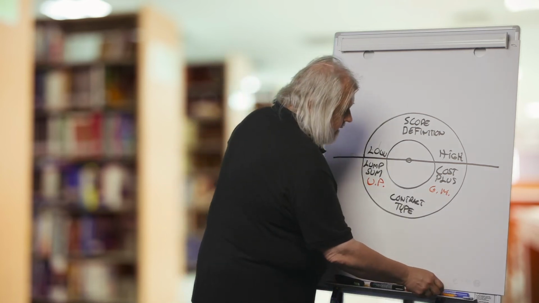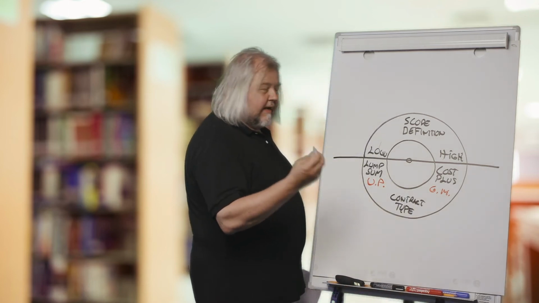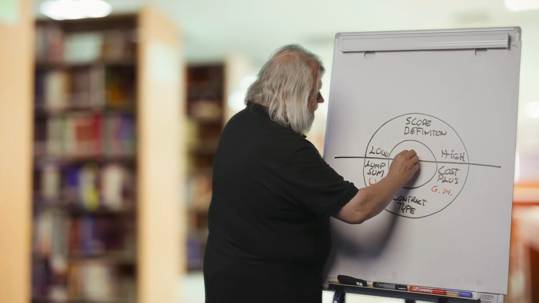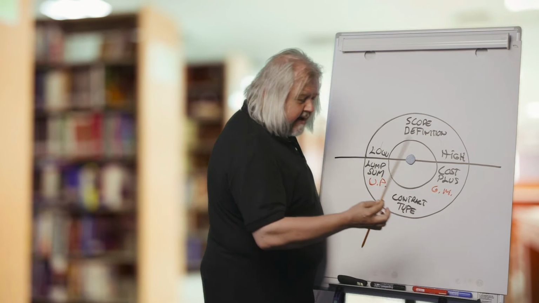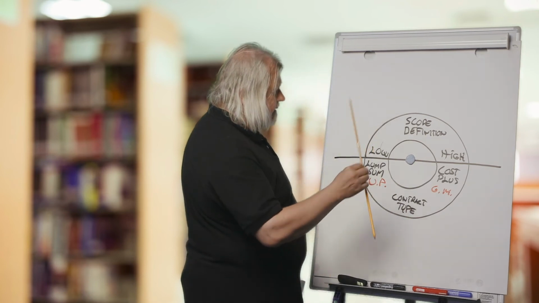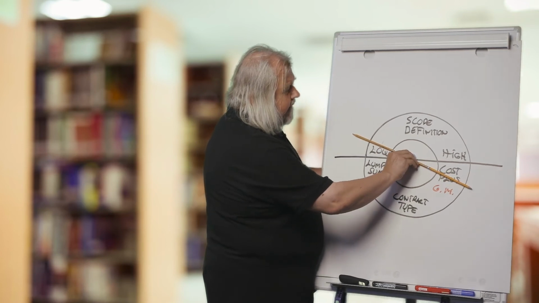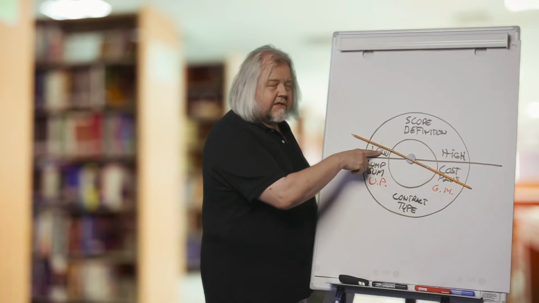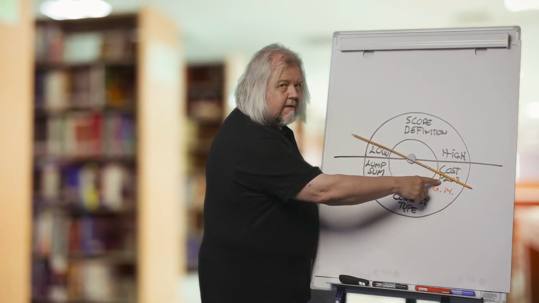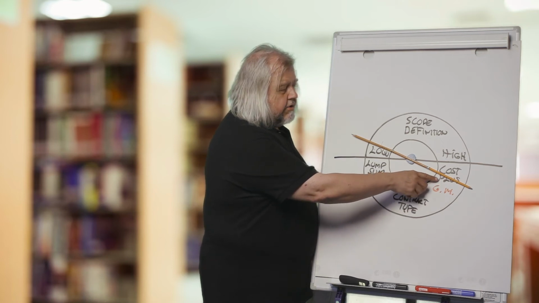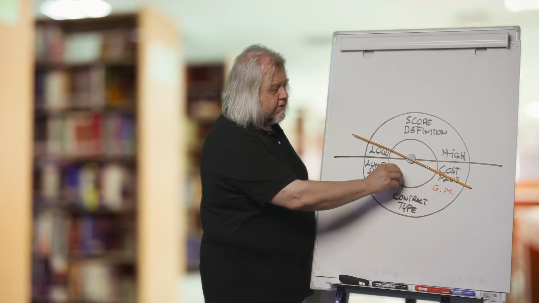Okay, how do we read this picture? We need blue tack here, and we need a big pen, actually 3 pens connected. And if the scope definition is low, then it is very natural that it is beneficial for the customer to buy only the contractor's resources in a cost-plus contract type.